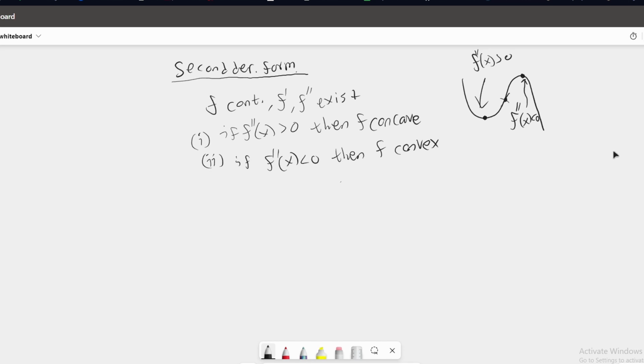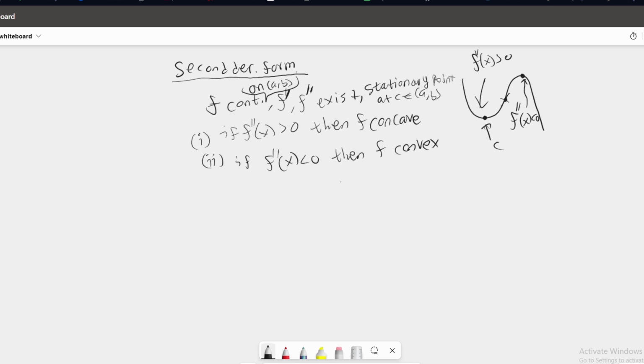A more correct statement would be that f is continuous on (a, b). I guess we don't need the endpoints. The derivative and double derivative exist, and we also have a stationary point within the same interval, so we have a point c here.